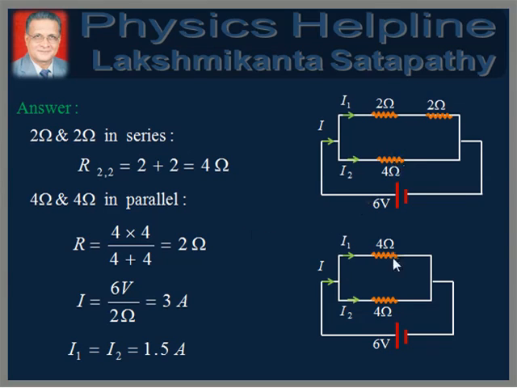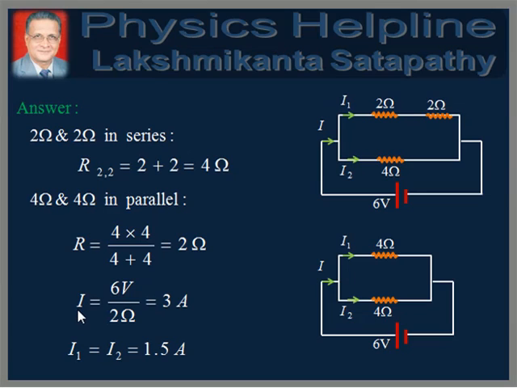In the simplified circuit, this 4 ohm is shown in place of the 2 ohm resistances in series. Now we have 4 ohm and 4 ohm in parallel. Therefore, the total circuit resistance R is equal to 4 into 4 divided by 4 plus 4, which is equal to 2 ohms.